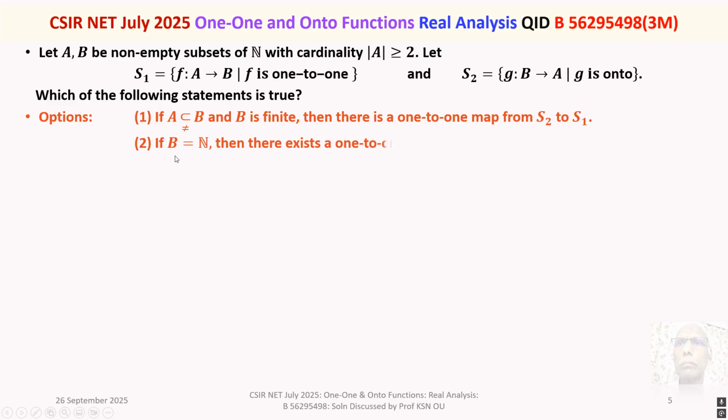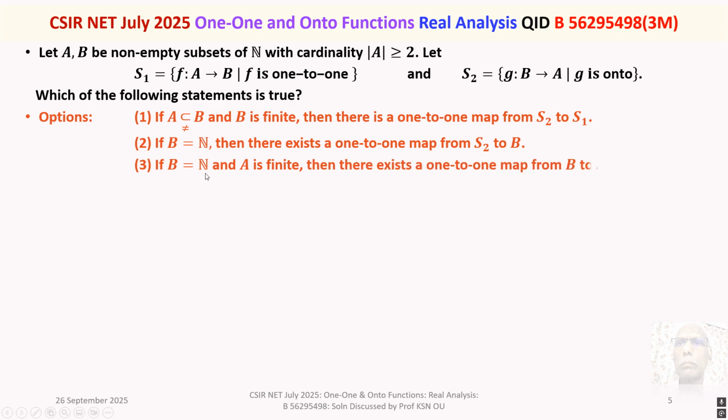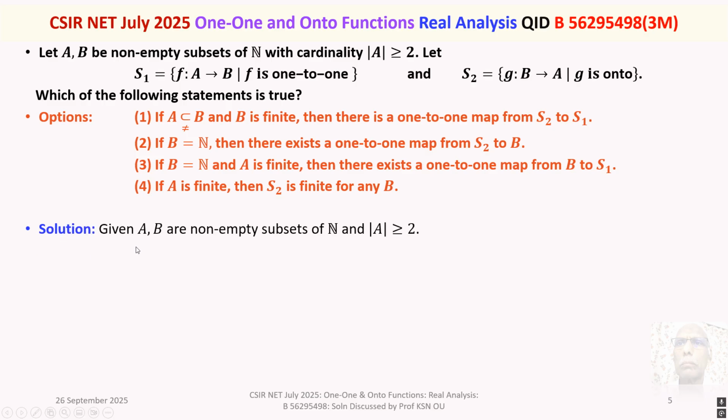Option 2, if B is equal to N, the set of natural numbers, then there exists a one-to-one map from S2 to B. Option 3, if B is equal to N and A is finite, then there exists a one-to-one map from B to S1. Option 4, if A is finite, then S2 is finite, for any B. Let's now discuss the solution of the problem in detail.